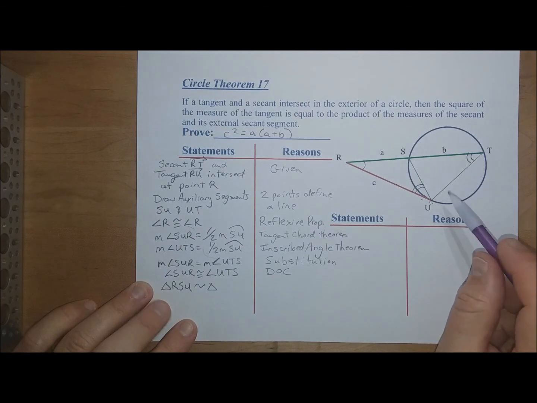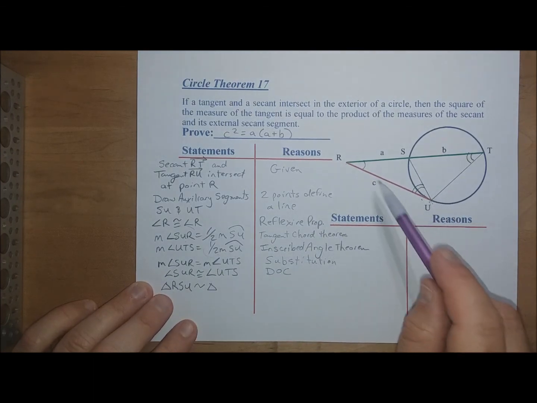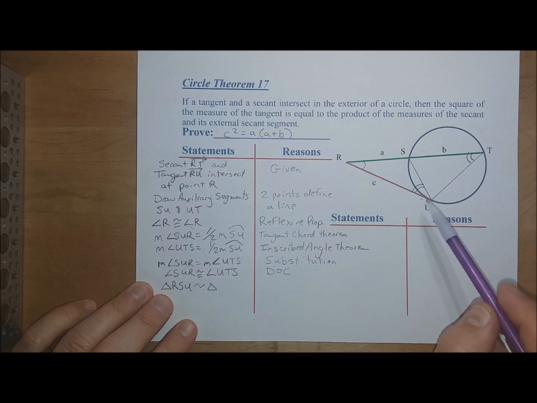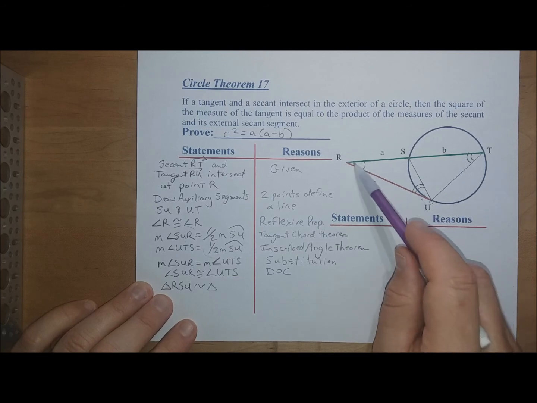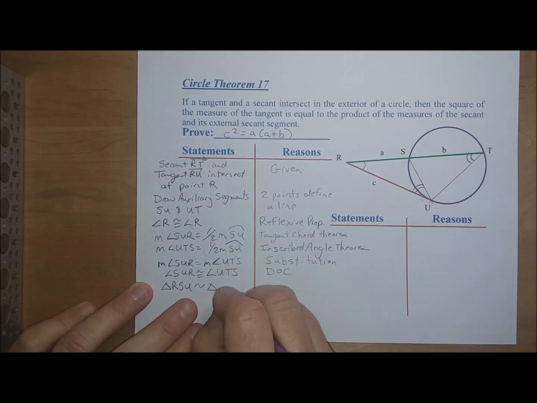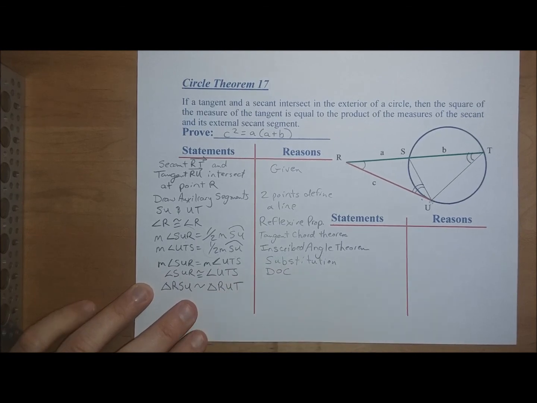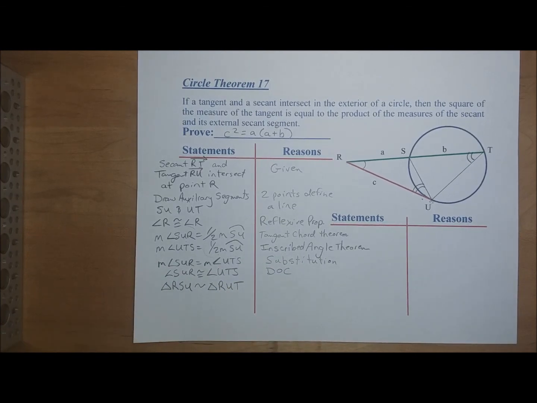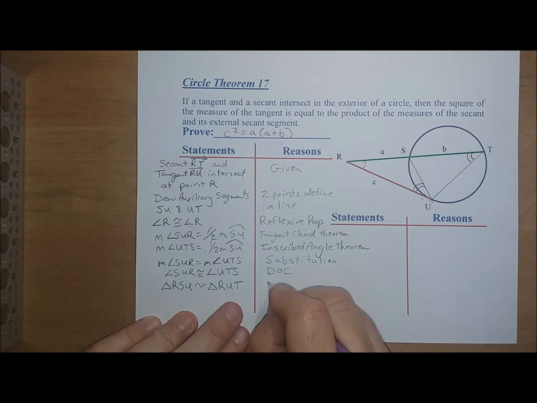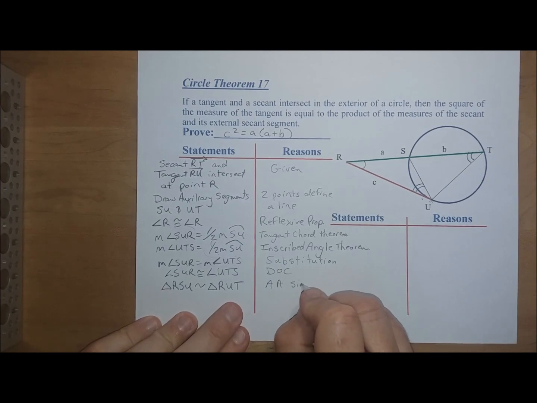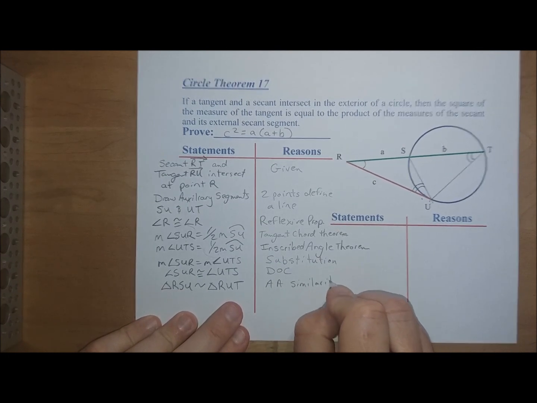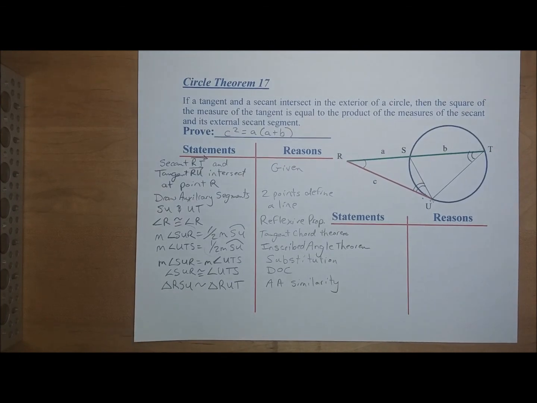Excuse me, I got to start with R, right? RSU is similar to RUT. Good, we got it right that time. Okay. How do we know? We have angle-angle similarity. All right, we've got our similar triangles.